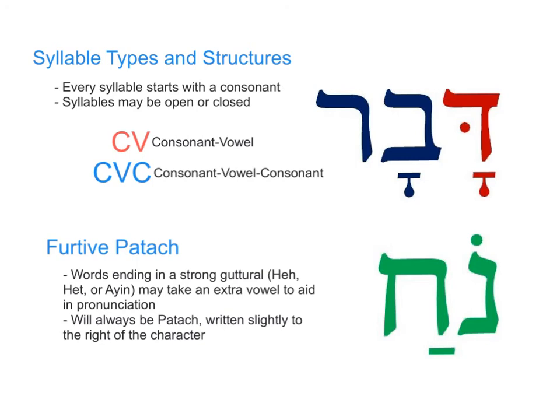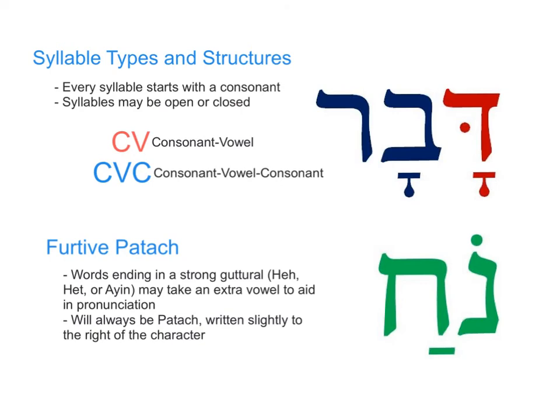So you'll always have syllables that start with consonants. Syllables from there on out may be open or closed. And what we mean by that is though they start with a consonant, they may end with a vowel or a consonant, depending on the structure.